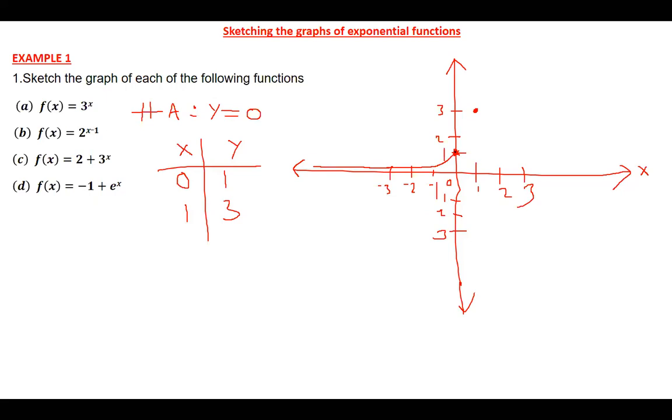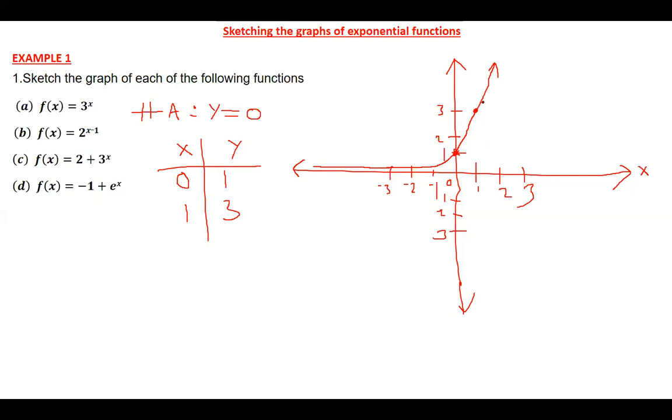As it goes further, it gets closer to the asymptote, but it will never touch it. That's the way it is. So this is how it's going to be, and that is the sketch.